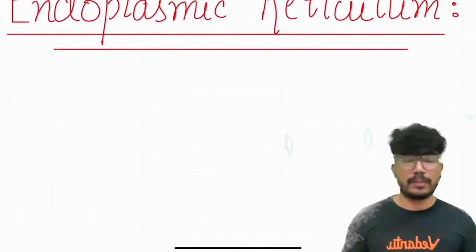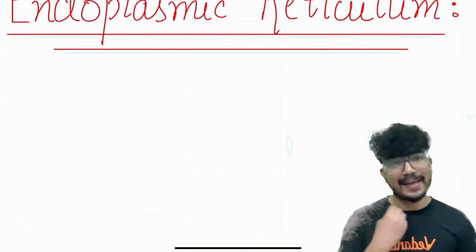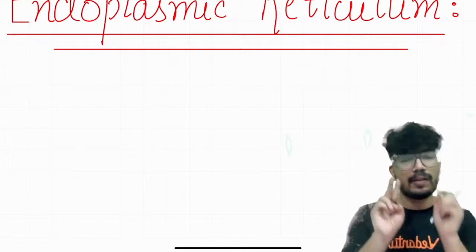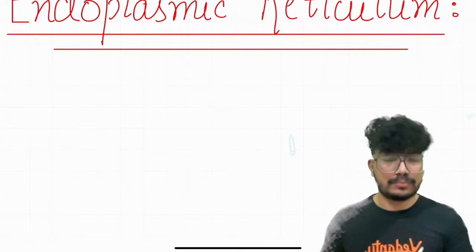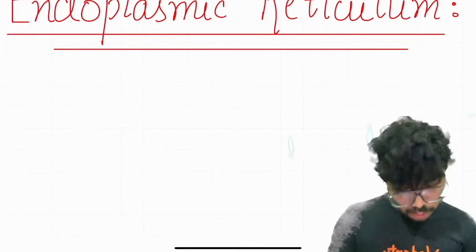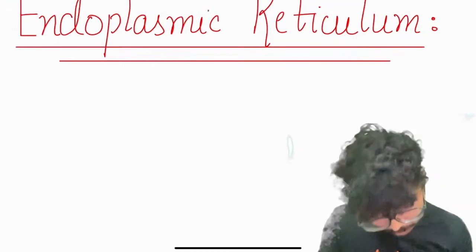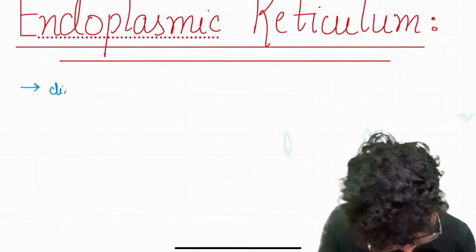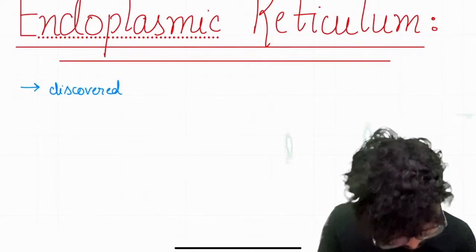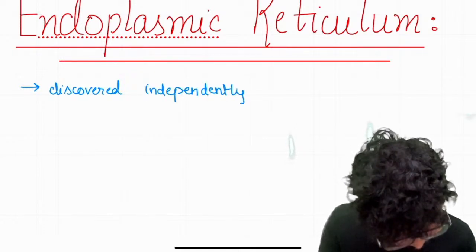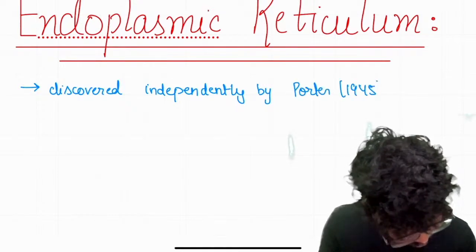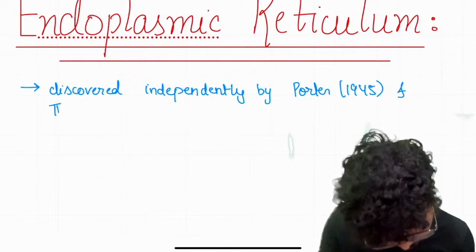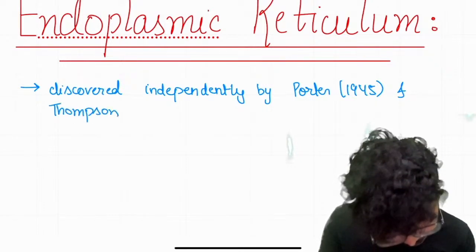The endoplasmic reticulum was independently discovered by two scientists in the year 1945, Porter and Thomson. Endoplasmic reticulum was discovered independently by Porter in 1945 and Thomson, again in 1945.